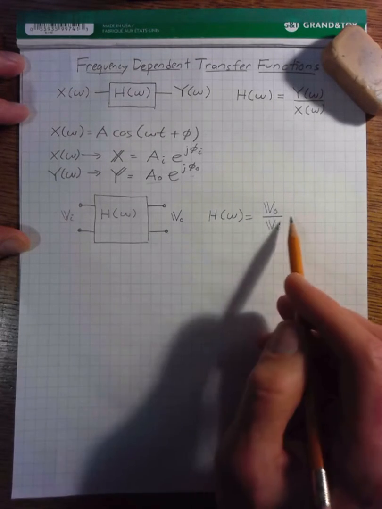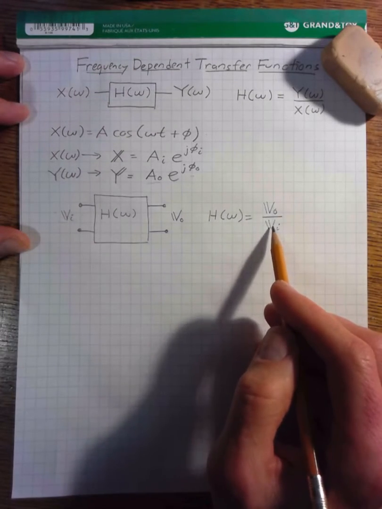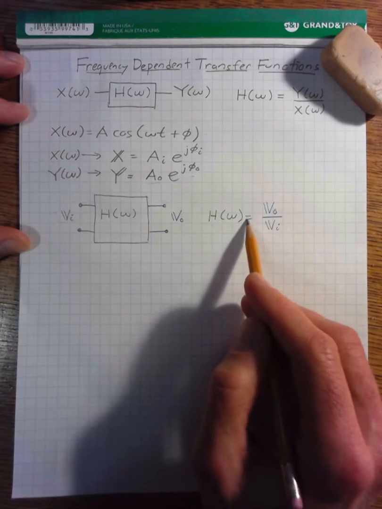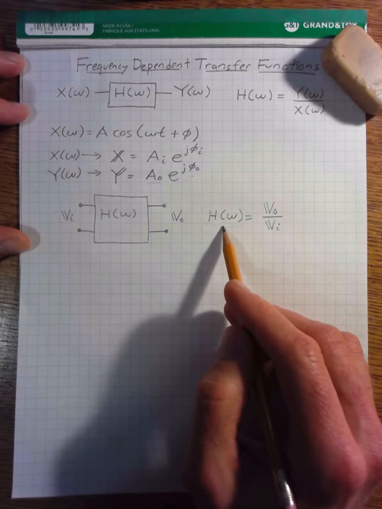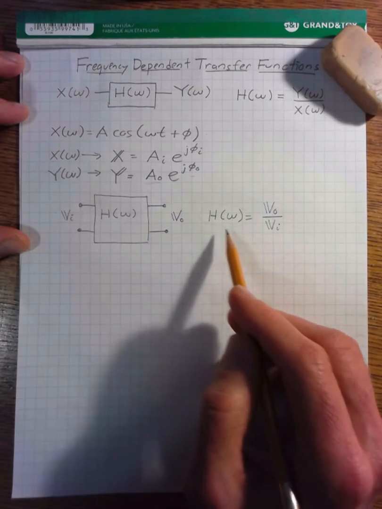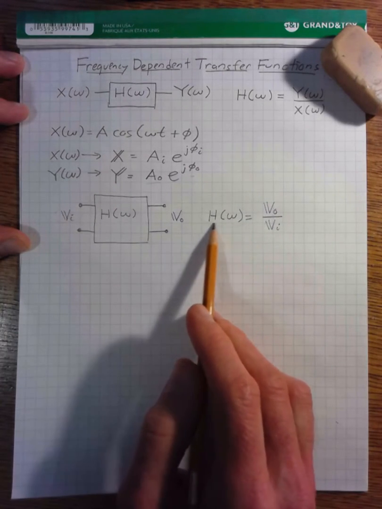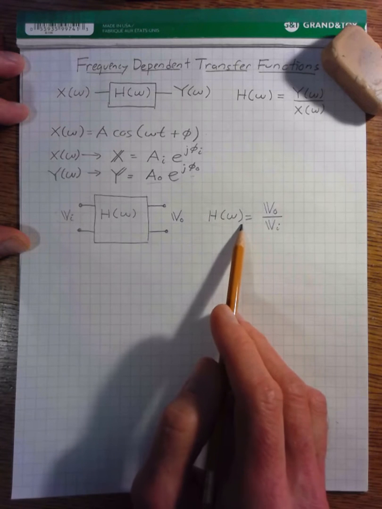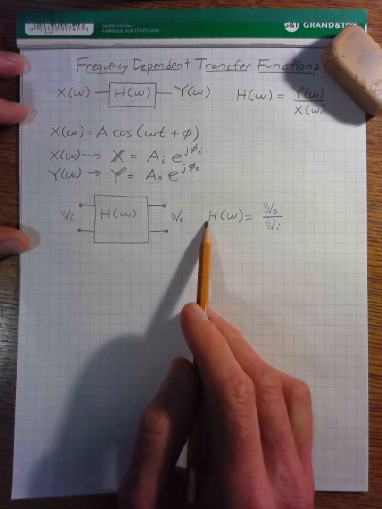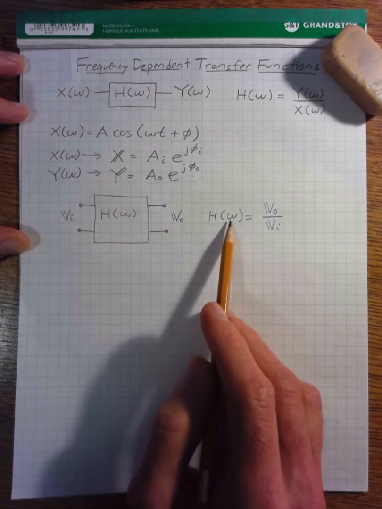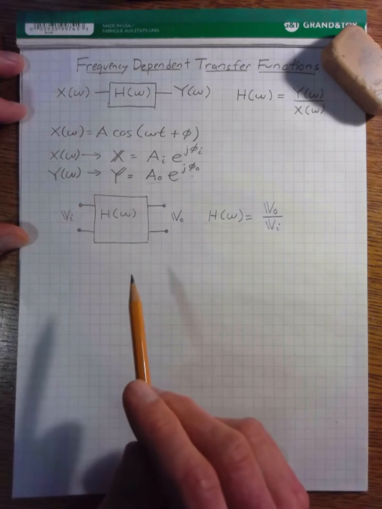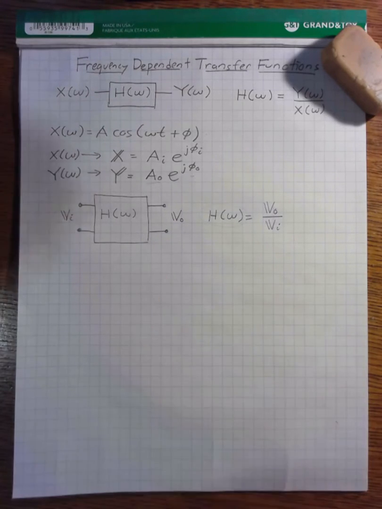And so these two are complex numbers. So in general, the voltage transfer function H of omega is also complex because it's a ratio of two complex numbers, and the value of that complex transfer function is going to change as omega changes.